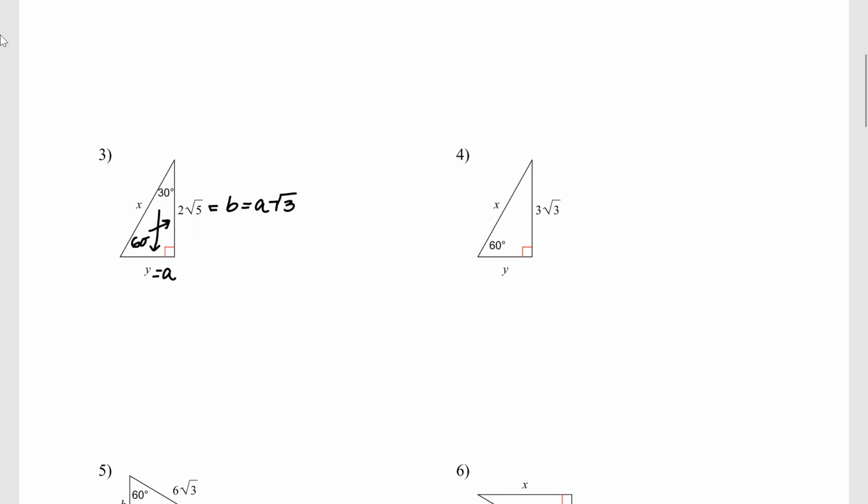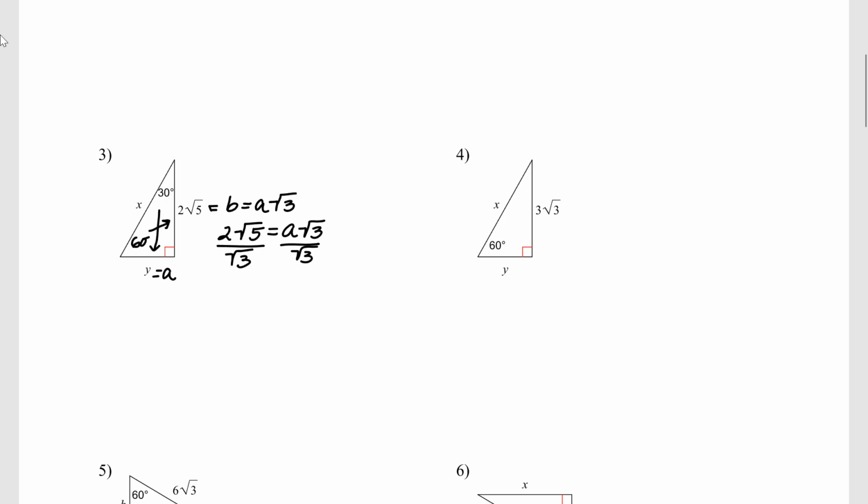I'm going to do some algebra. So I know that 2 square root 5 is equal to A root 3. In order to solve for my A, since they are combined by multiplication, I just have to divide by the number that is not my variable.